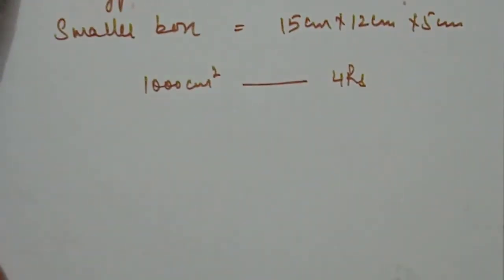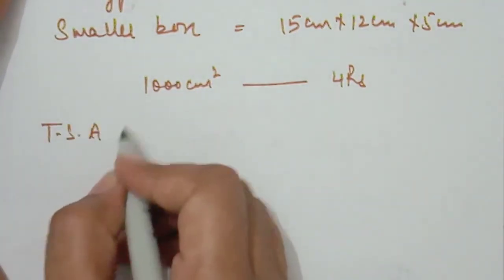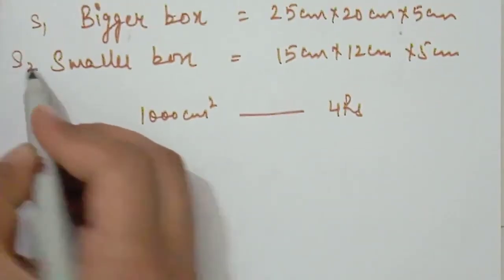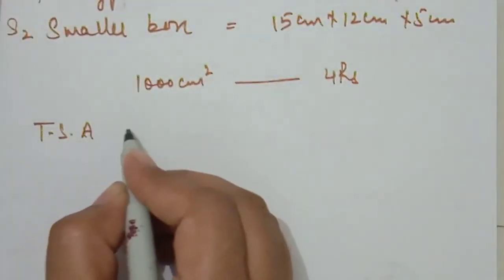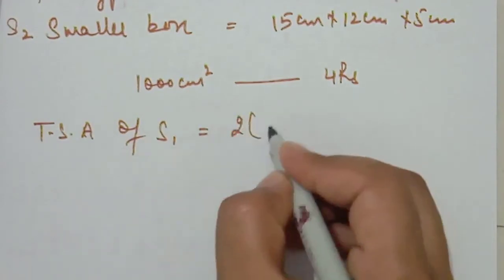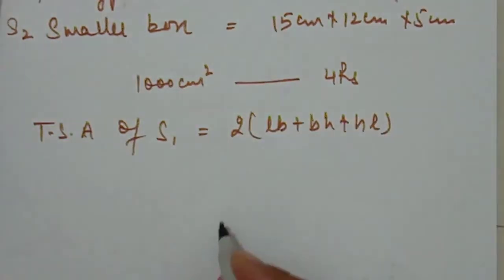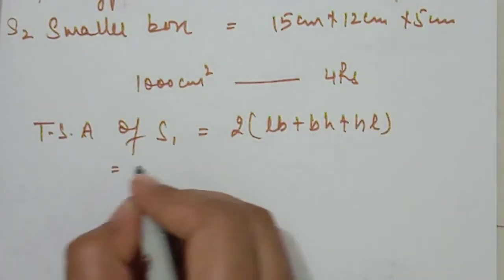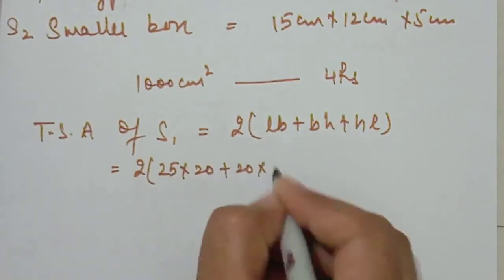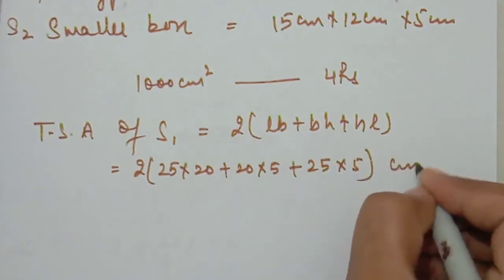So now, total surface area: we will take the bigger box as S1 and the smaller box as S2. Total surface area of S1, the bigger box, we know is 2 into (LB plus BH plus HL), because it is a cuboid. So we put the values: 2 into (25 into 20 plus 20 into 5 plus 25 into 5) centimeter square.